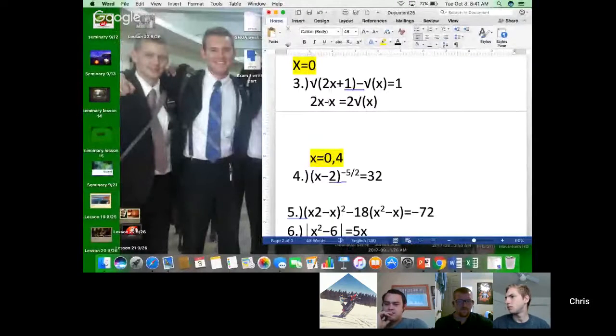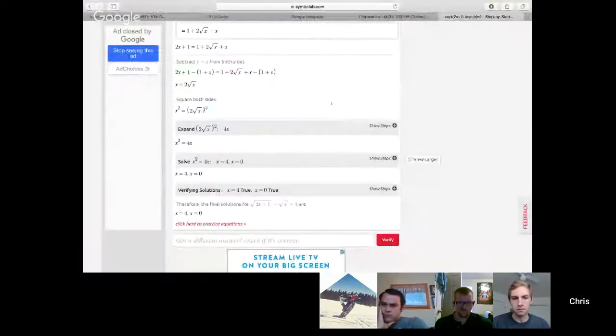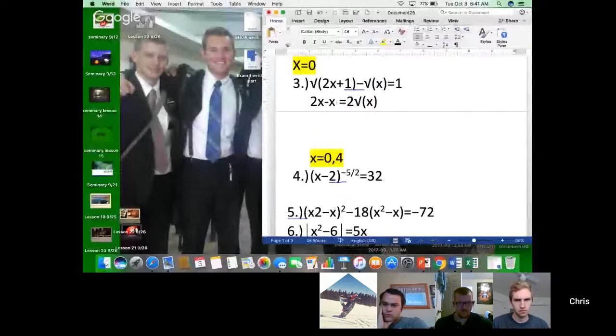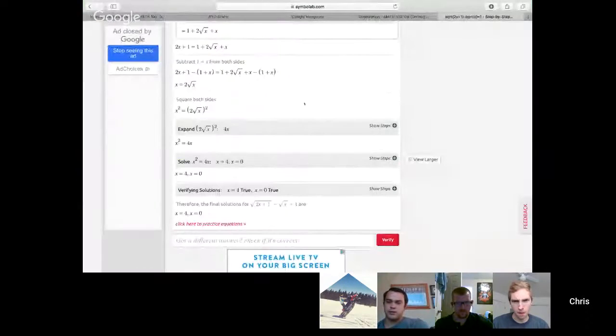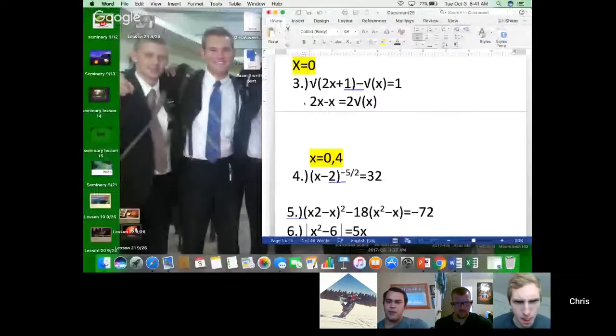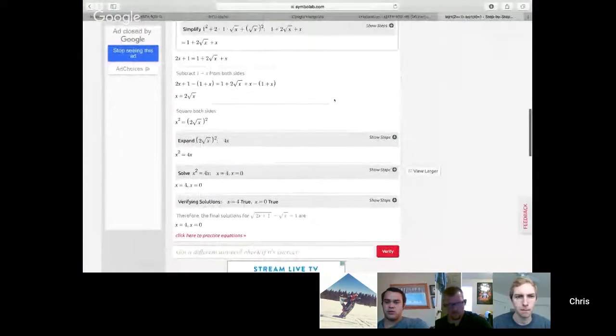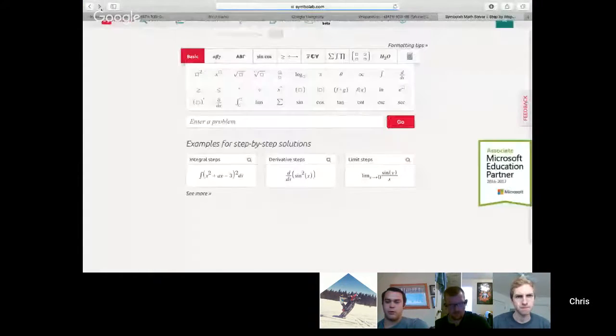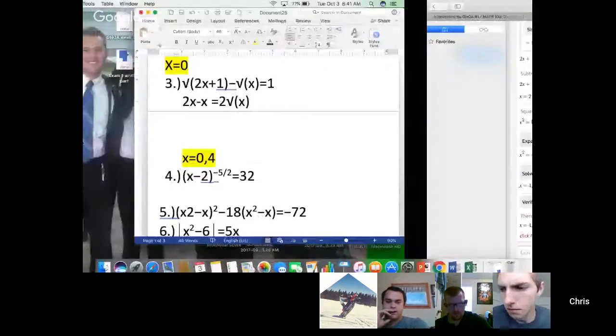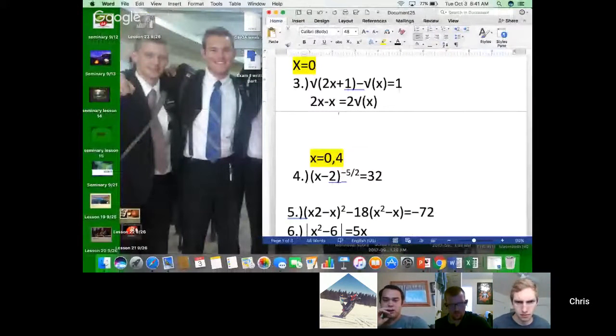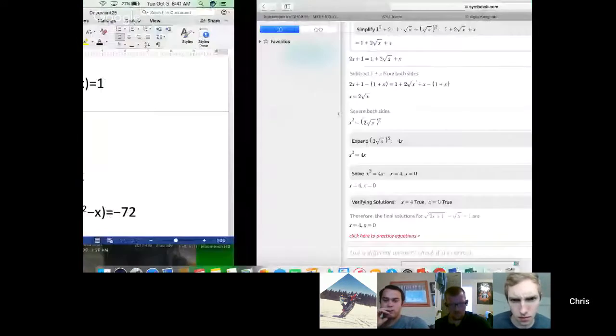Wait a minute, how's this just x squared? That's what I mean. What you do is 2x minus x, which gets you the x equal. So right now you should have x equals 2 square root of x. Then you square both sides to get rid of that square root of x on the right-hand side, which is how they got to x squared.